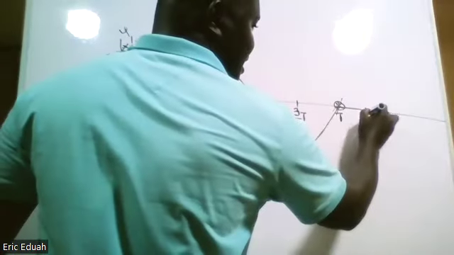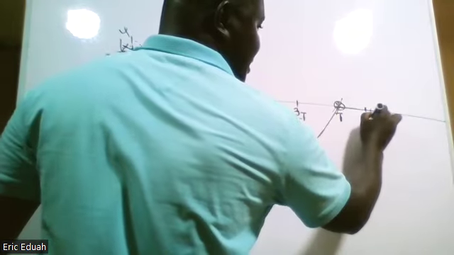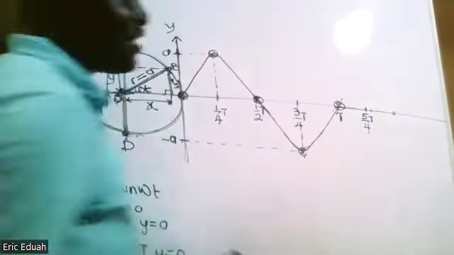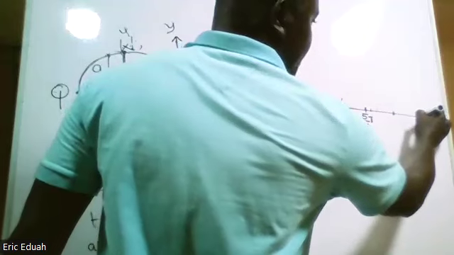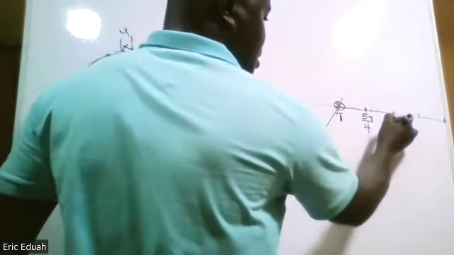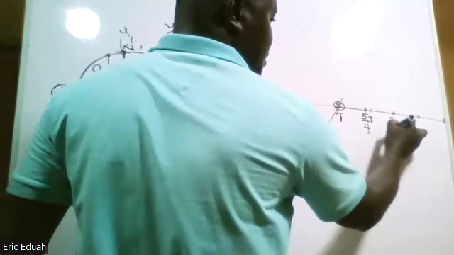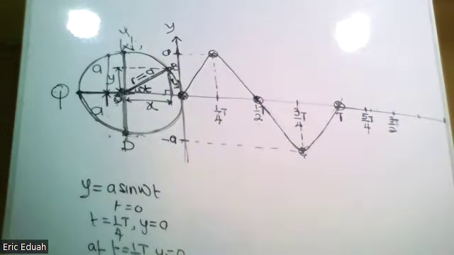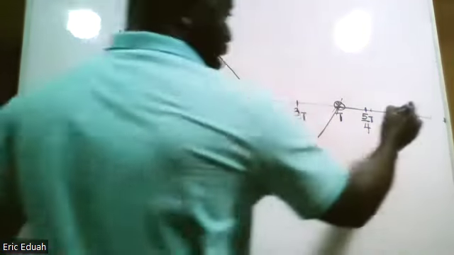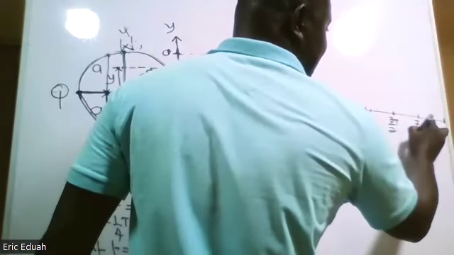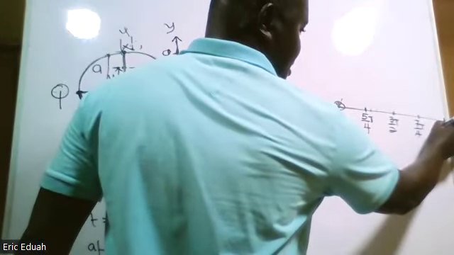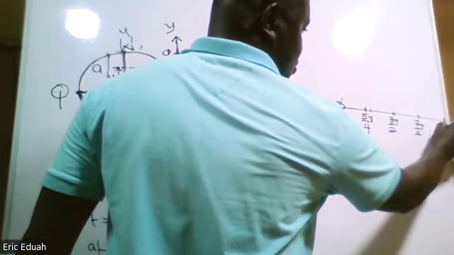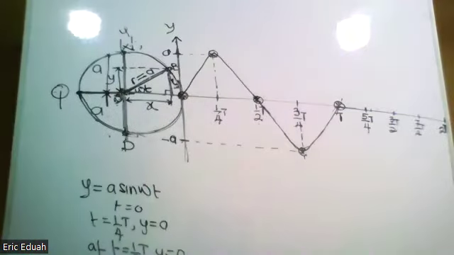Yes. 1/4 plus 5/4 is 3/2. 1/4 plus 3/2 is 7/4. 1/4 plus 7/4 is 2T. So I'm drawing it for 2 cycles.